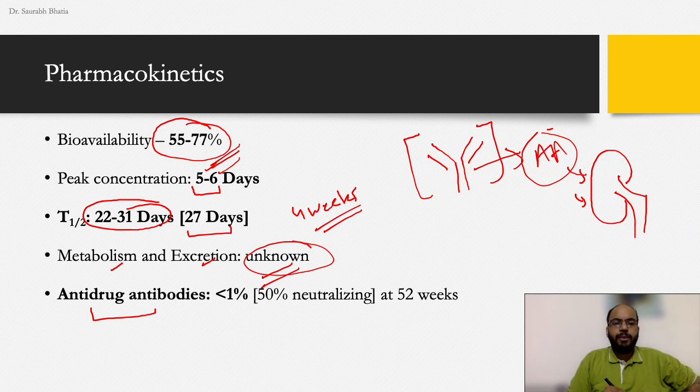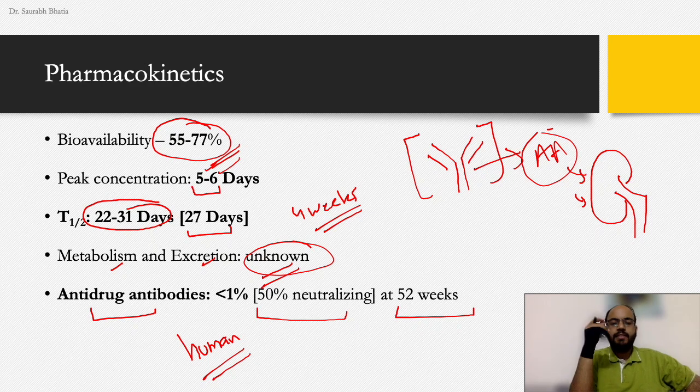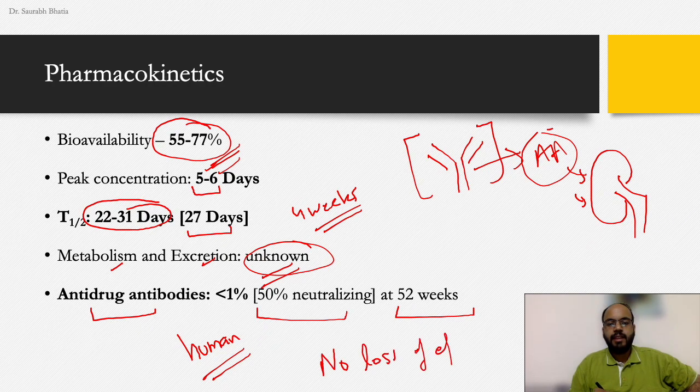In the case of secukinumab, since it is a fully human IgG1 class of biological, the percentage of anti-drug antibody is very low, it's less than 1%, and even half of this is neutralizing, and that is when we are reading it after 1 year of administration. So we can clearly see that the anti-drug antibodies are very low, and in spite of being low, only half of them are neutralizing at the end of 1 year, and thus we can clinically also see it as no loss of efficacy.